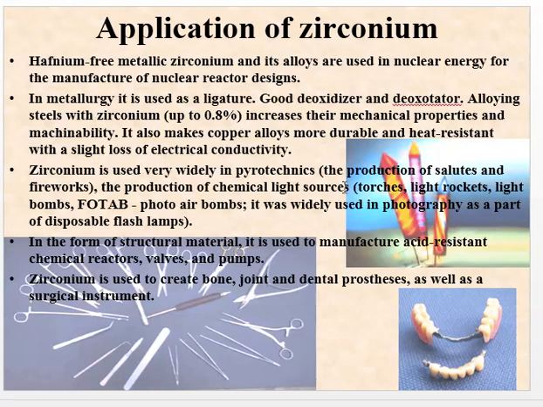In metallurgy, it is used as a ligature, a good deoxidizer, allowing steels with zirconium up to 0.9% to increase their mechanical properties and machinability. It also makes copper alloys more durable and heat resistant.